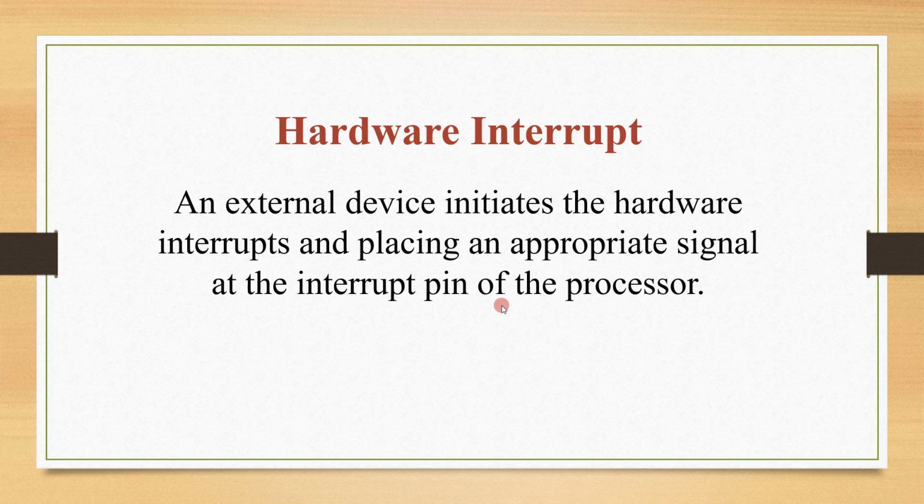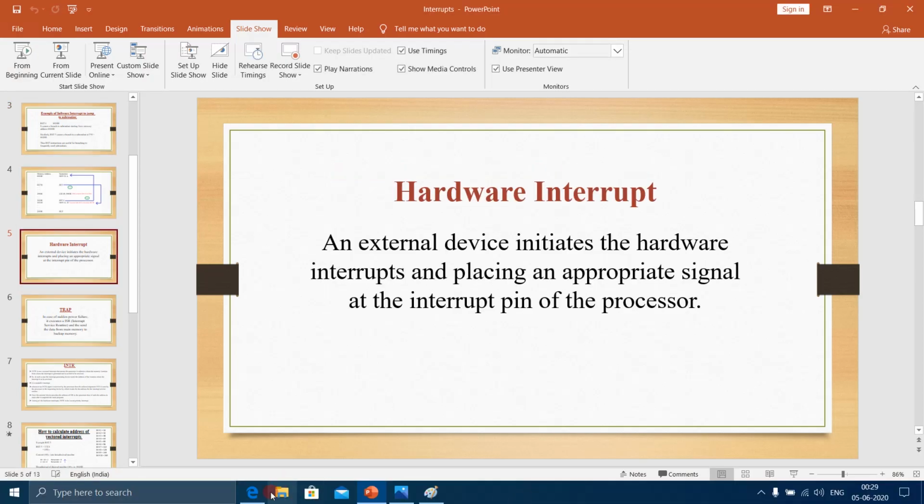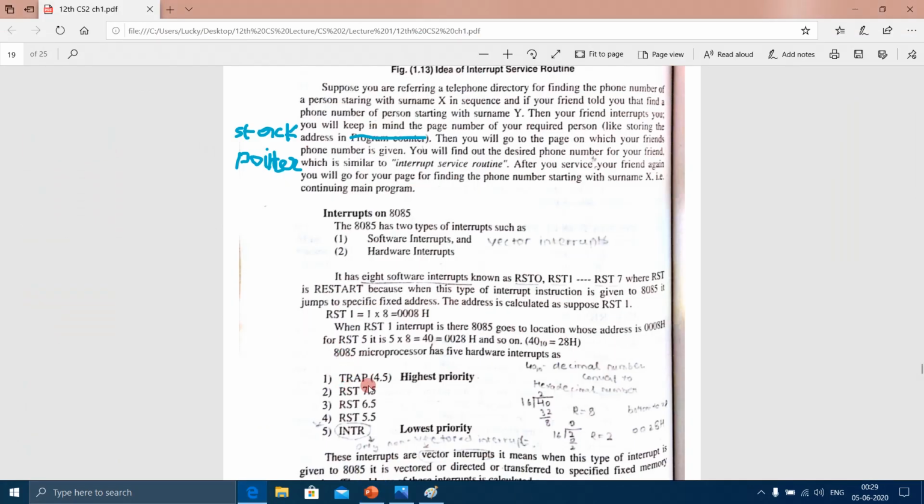When an external device is giving a hardware interrupt to the microprocessor, pins of the microprocessor are used. Hardware interrupts are of 5 types. Those 5 types are TRAP, RST 7.5, RST 6.5, RST 5.5, INTR.